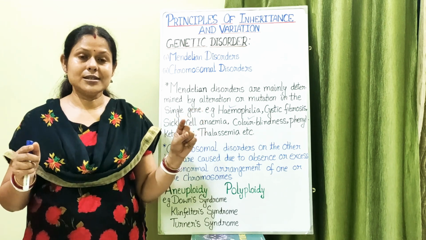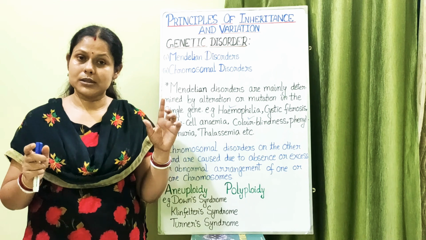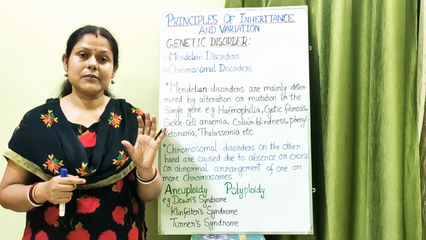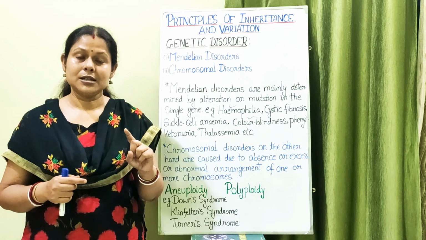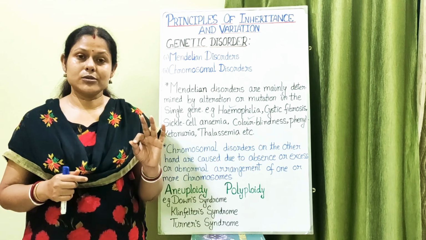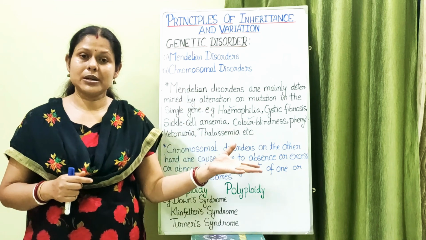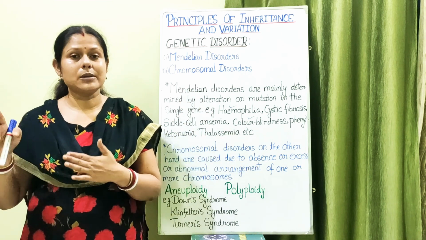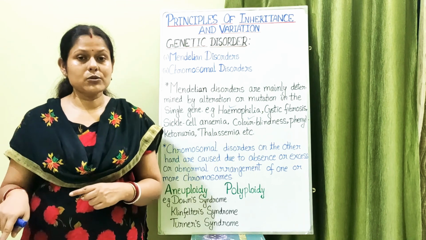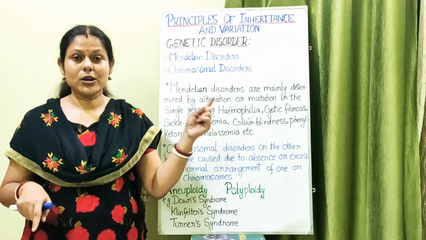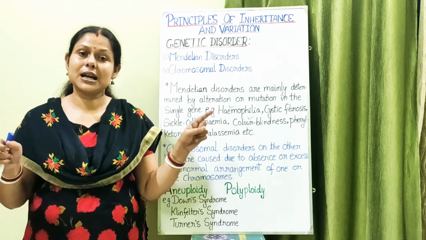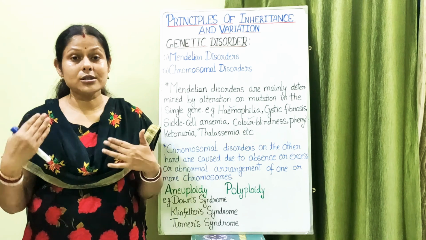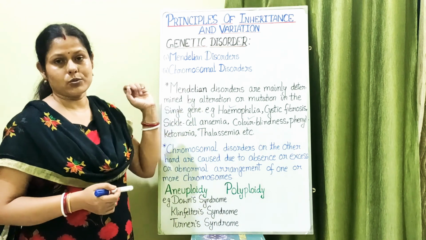So now when this fertilizes with the other gamete, suppose it has the normal number of chromosomes, 23, then what is going to happen? 24 plus 23 becomes 47, and in the other case, 22 plus 23 becomes 45. So if one chromosome is less in one organism and one chromosome is extra in another, that will show its effect on the phenotype of the organism, and that will lead to a disorder which we call chromosomal disorder.